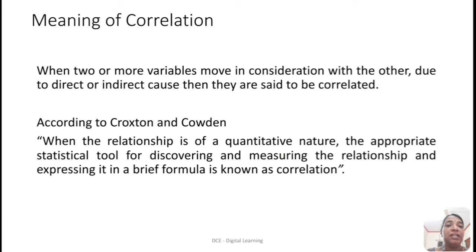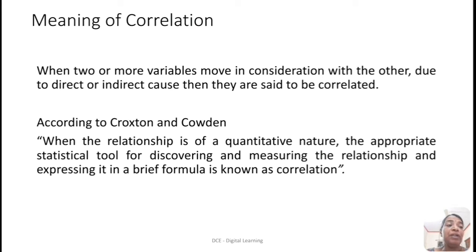According to Croxton and Cowden, when the relationship is of quantitative nature, the appropriate statistical tool for discovering and measuring the relationship and expressing it in a brief formula is known as correlation. So if you want to measure the quantitative nature of variables, we should use a formula which measures the relationship between the variables.